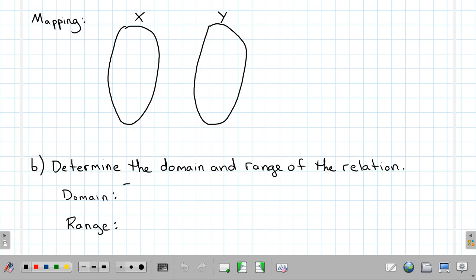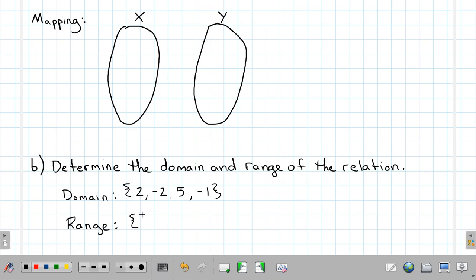So if we look at the domain, we look at the x values. We go down through there, and we have an x value of 2, x value of -2, x value of 5, and an x value of -1. Once again, they don't have to be in any particular order. This order's fine, okay?